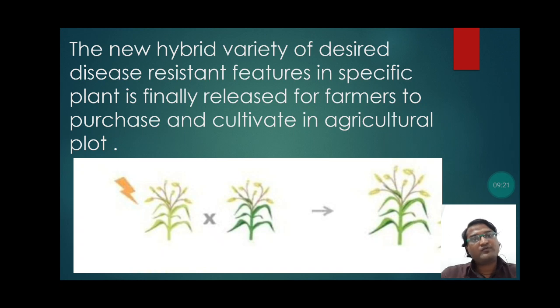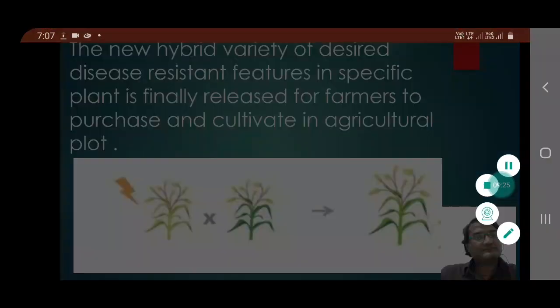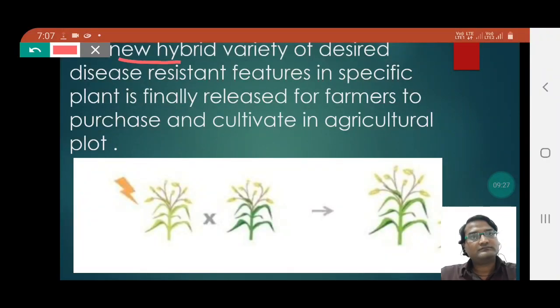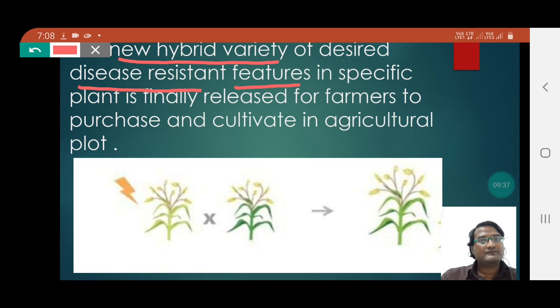So students, here you can notice that the new variety, that is the new hybrid variety for the disease resistance, which is having the feature of disease resistant in it, is finally released for farmers to purchase and cultivate in agricultural plot.